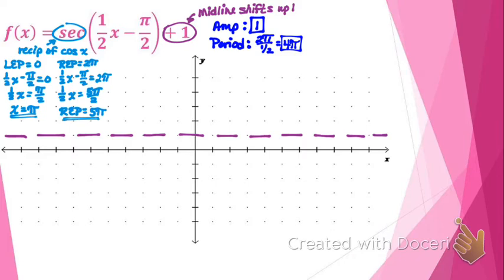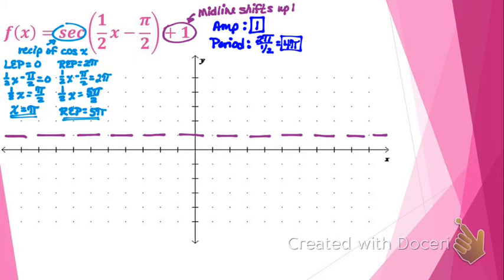Knowing what my period is, 4 pi, looking at where my left endpoint and right endpoint are going to be, should I count by pi over 4s? No. What should I count by?